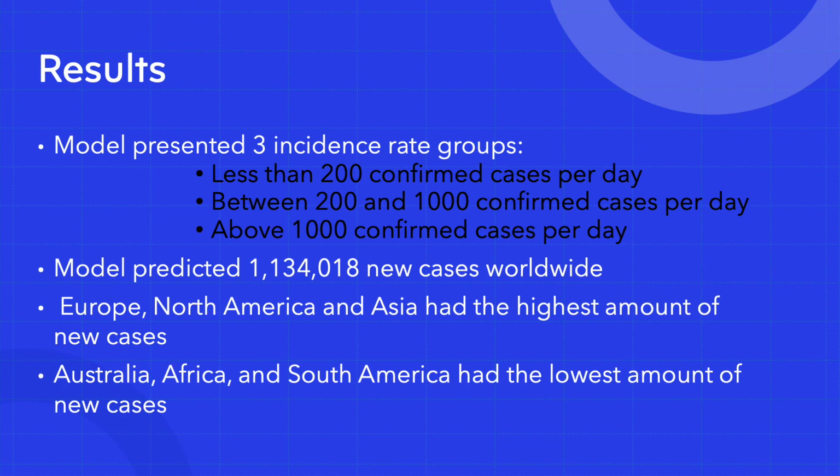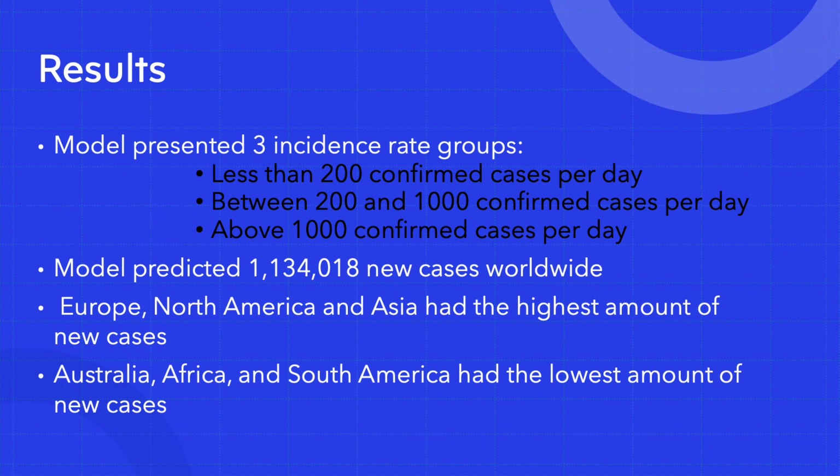The model presented 3 incidence rate groups: less than 200 confirmed cases per day, between 200 and 1,000 confirmed cases per day, and above 1,000 confirmed cases per day. With this, they were able to find the mean absolute error for each group and when the model performed the best for that group. For regions with less than 200 cases per day, the model performed best with a mean absolute error of 4.71% in data for the last 14 to 34 days.